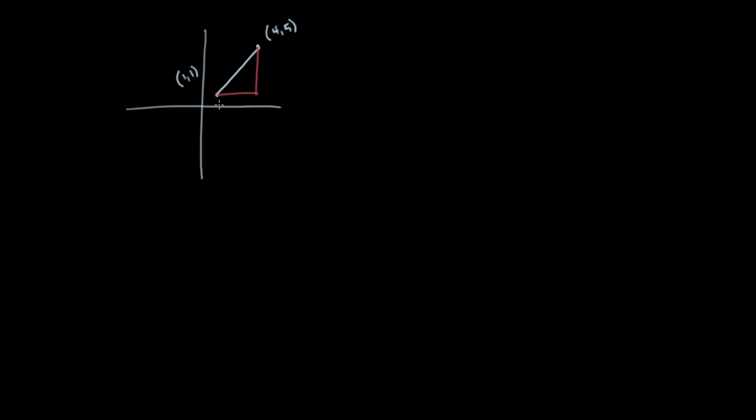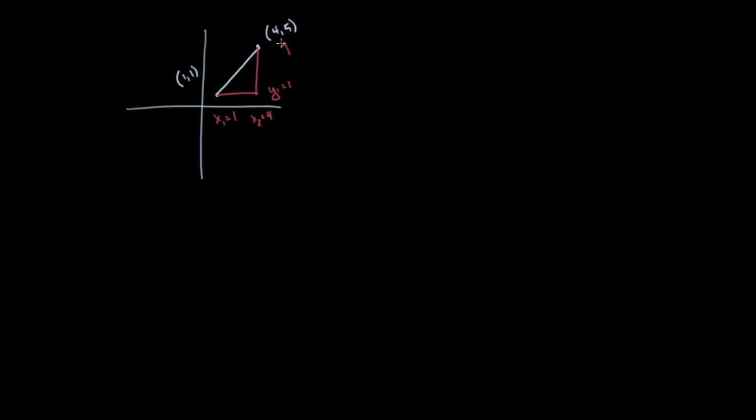So for my x values, this coordinate has an x value of 1. And this coordinate here, since it's dropped down vertically from my other point, has an x coordinate of 4. Over here, what I have is a y coordinate of 1.